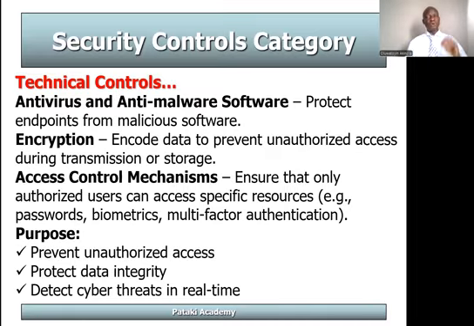It ensures that only authorized users can access specific resources, e.g., using password, biometrics, and multi-factor authentication. What is the purpose of technical control? It prevents unauthorized access. It protects data integrity. It detects cyber threats in real time.